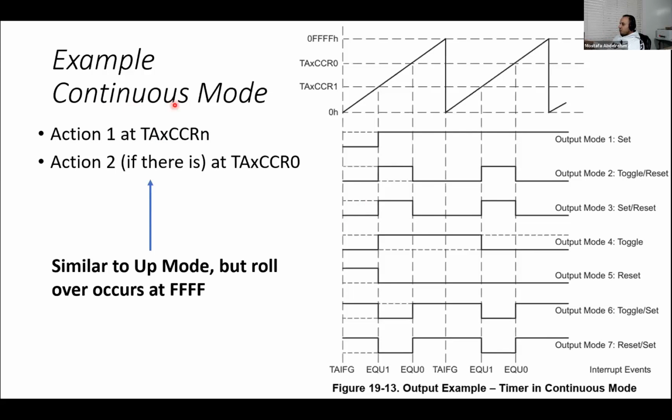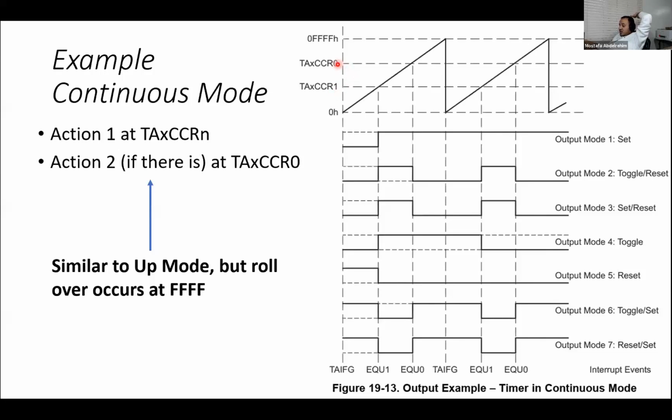Now in continuous mode, I will just explain the two other modes, then we have an example. So in the continuous mode, again we will set two registers, TxCCR1 and TxCCR0. Not one again, one is just an example.